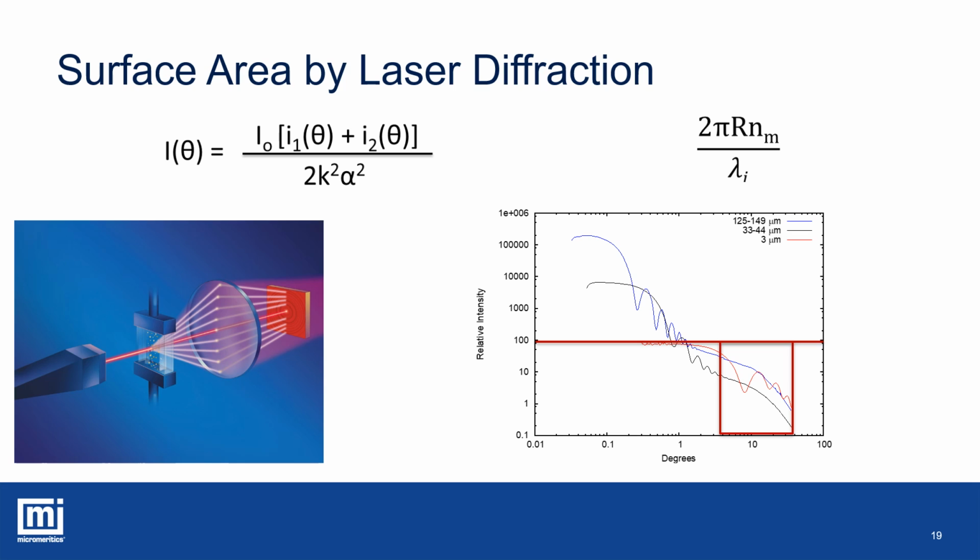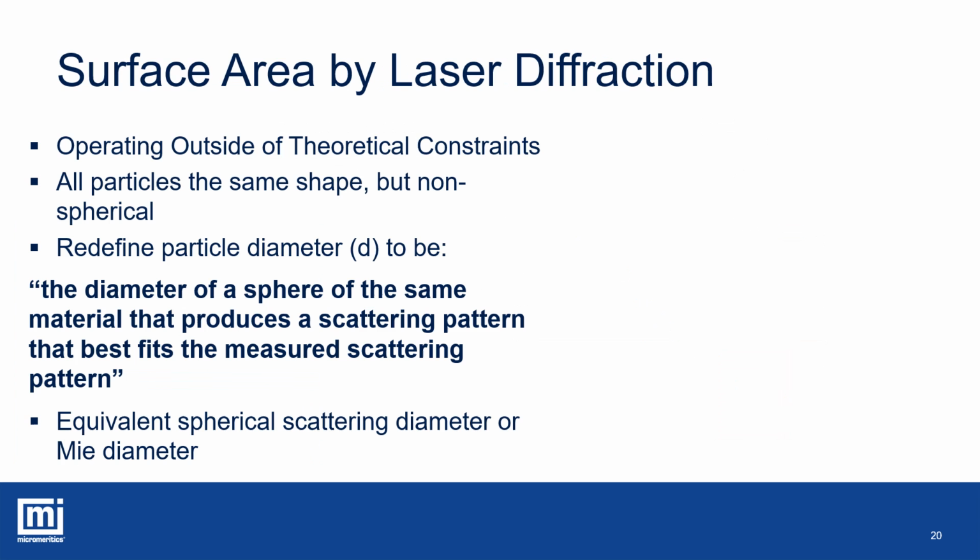When discussing these types of measurements, it's important to consider the theoretical constraints. In the case of laser diffraction, we're assuming that the particles are spherical and isotropic, meaning that they have a nice smooth surface, no edges, no cracks, no pores, or any kind of surface features or irregularities.